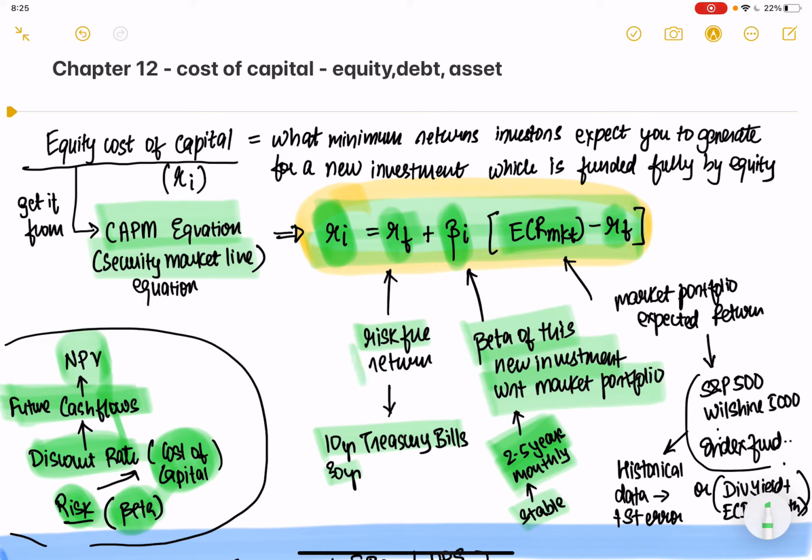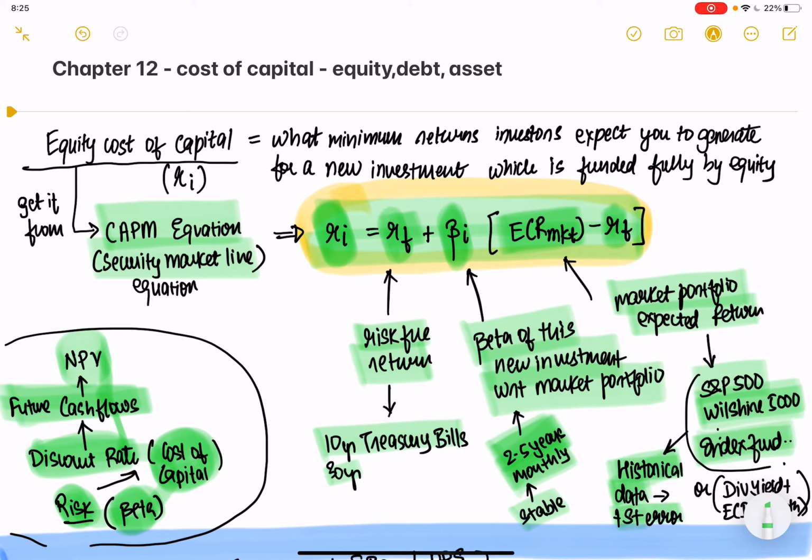So we know the risk-free rate, we know how to calculate beta, and we also know how to calculate returns for the market portfolio. A market portfolio example would be the S&P 500, which has the top 500 stocks in the United States, or the Wilshire 5000; any index fund is basically a proxy for the market portfolio. You can look at their historical data to find out their expected return.